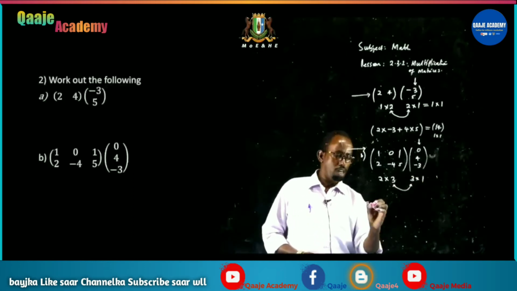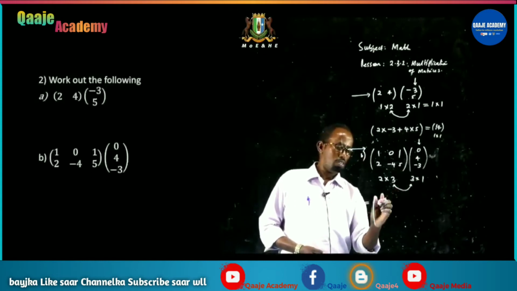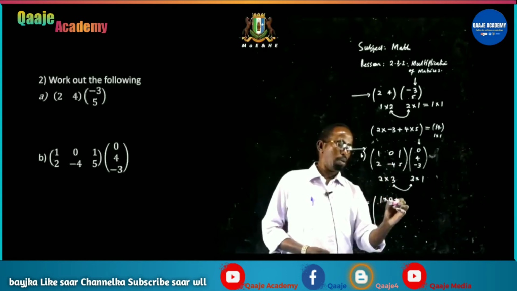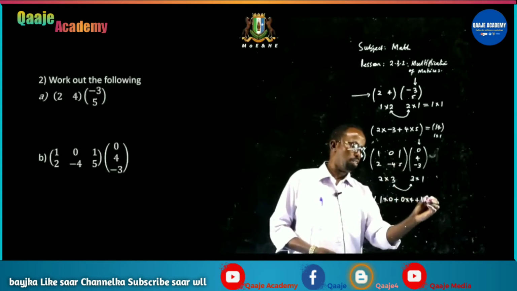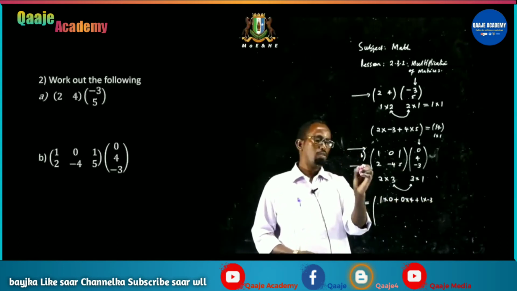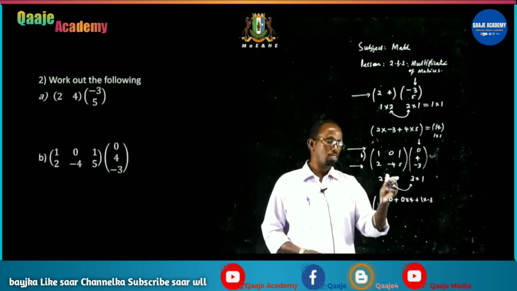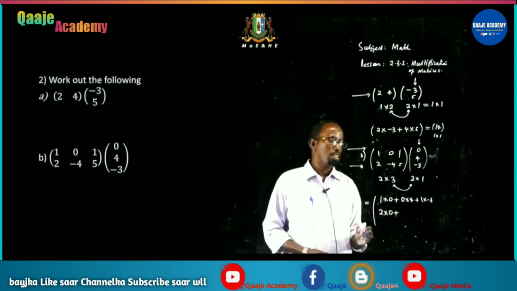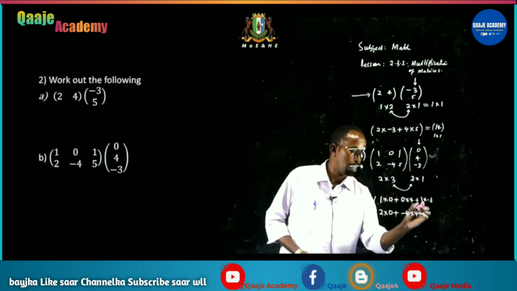This is 1 times 0 plus 0 times 4 plus 1 times minus 3. Then the second one will be second row, first column. So 2 times 0 plus minus 4 times 4 plus 5 times minus 3.